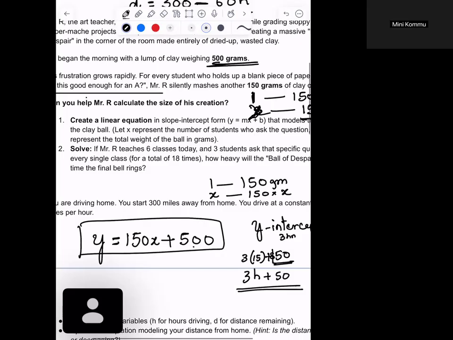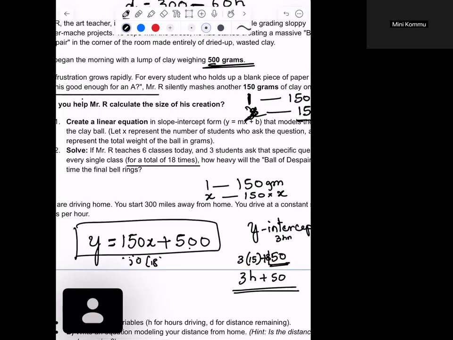The last question is pretty simple. If they ask for a total of 18 times, it's 150 times 18. Even if one student asks it 2 times, you will consider it as 2, because every time he hears a question, he's adding 150 grams.